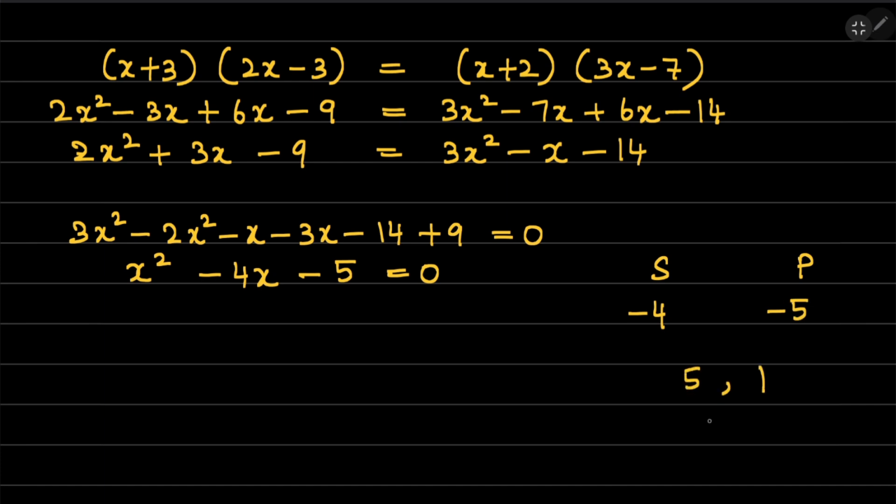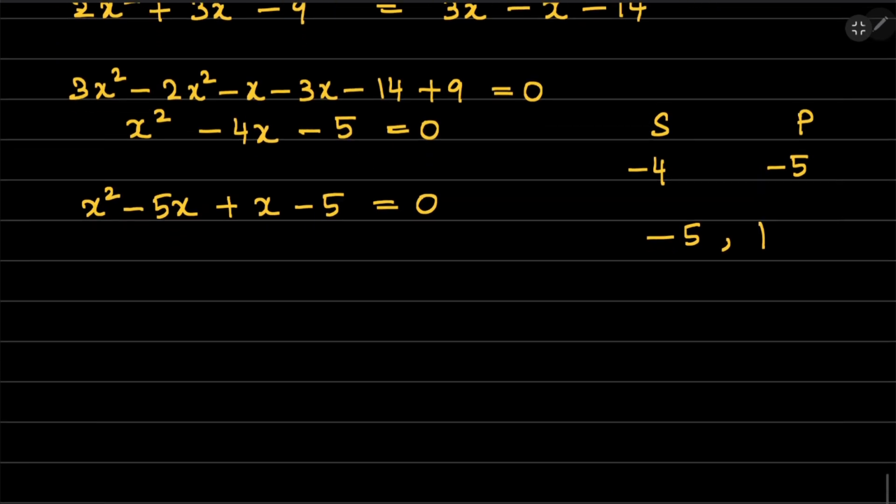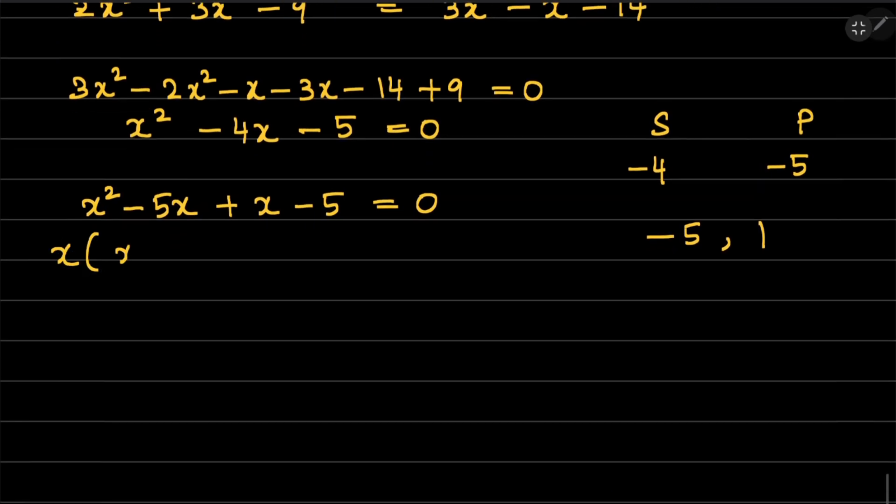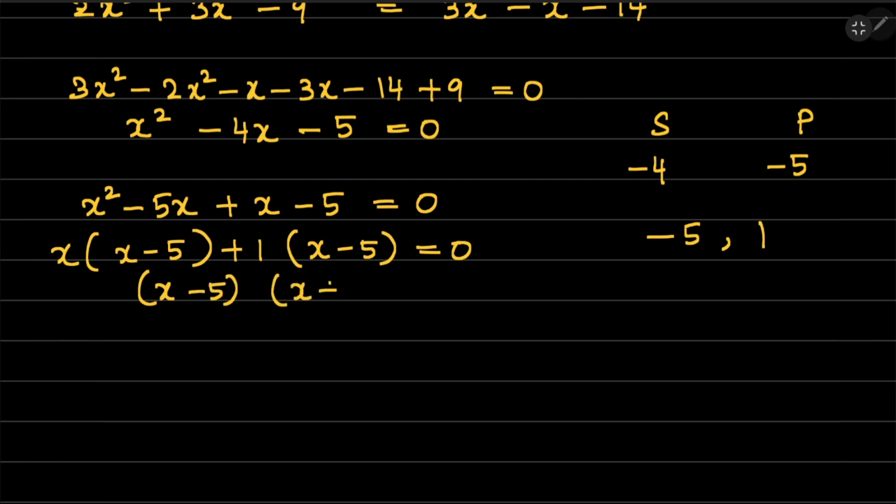So 5 ones are 5. If you put a negative sign to the bigger number, you get a sum as minus 4. So x square minus 5x plus x minus 5 equal to 0. X common, x minus 5, plus 1 common, again x minus 5 equal to 0. So you have got x minus 5 into x plus 1 equal to 0.